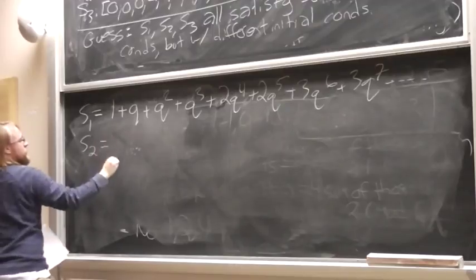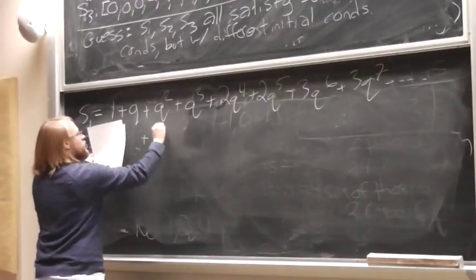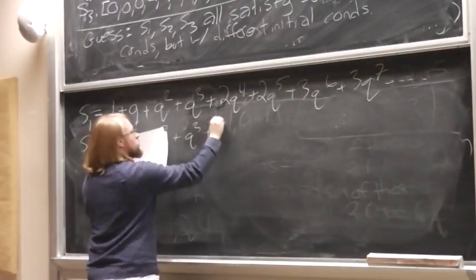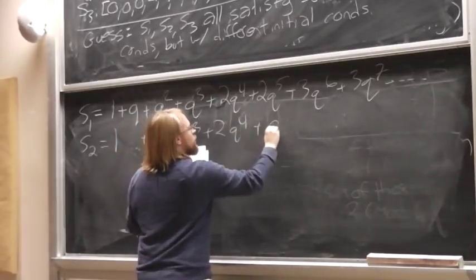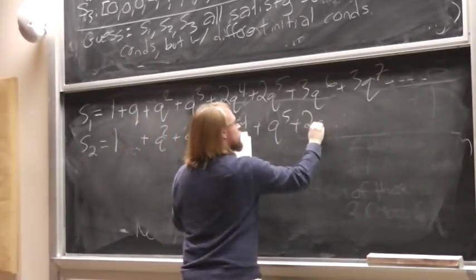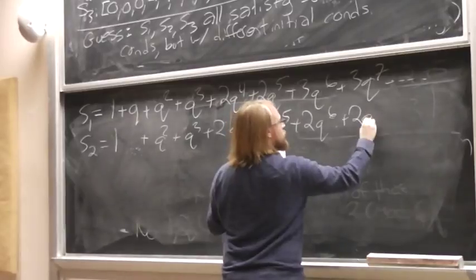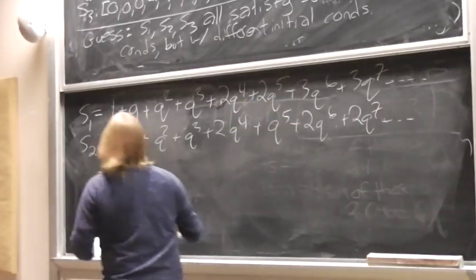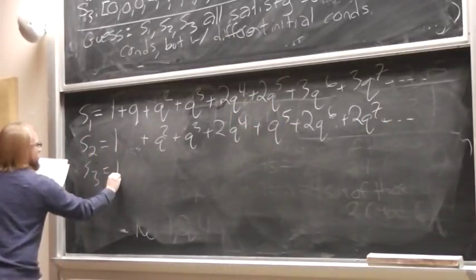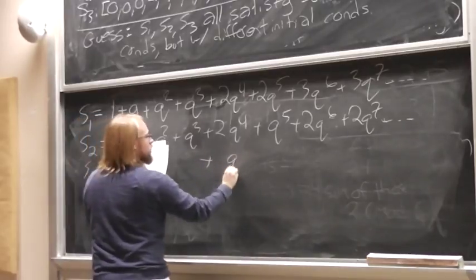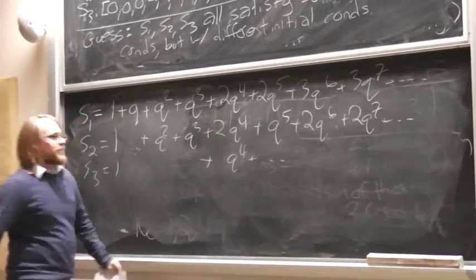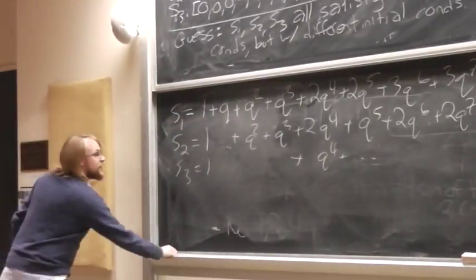And then S2 is equal to 1 plus q squared plus q cubed plus 2q to the 4th plus q to the 5th plus 2q to the 6th plus 2q to the 7th. S3 is equal to 1, and then the first one is at q to the 4th. I'm getting bored of this, so we're going to stop there.